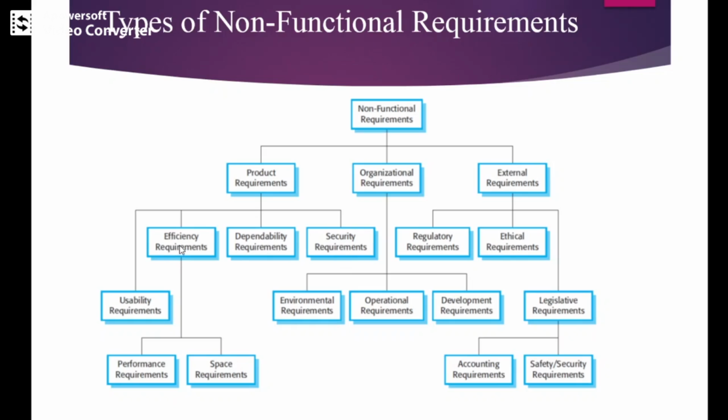Under efficiency requirements, you have performance requirements and space requirements. Under organizational requirements, you have environmental requirements, operational requirements, and development requirements. Under external requirements, you have regulatory requirements, ethical requirements, legislative requirements, accounting requirements, and safety or security requirements. This is the classification of non-functional requirements.